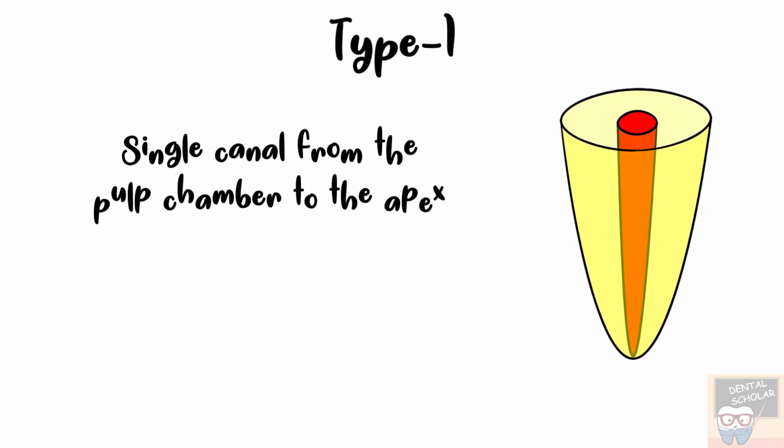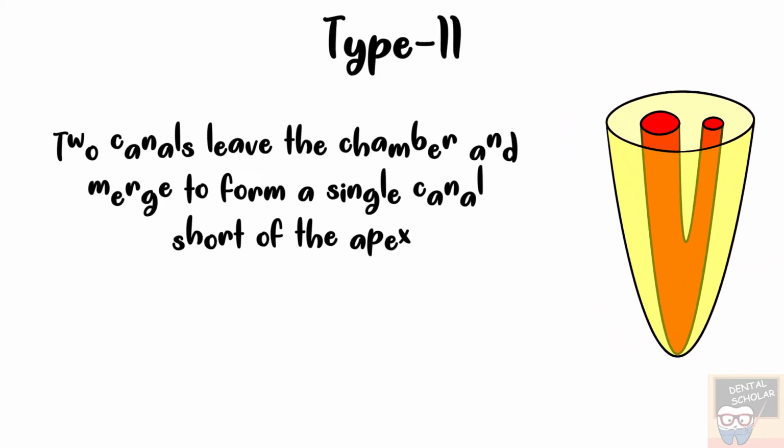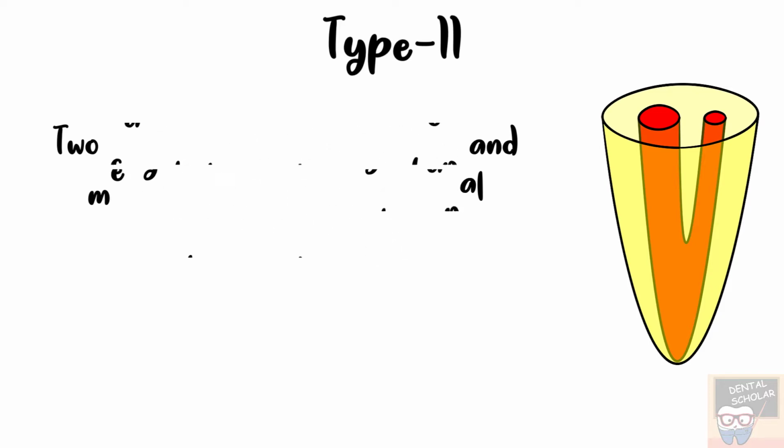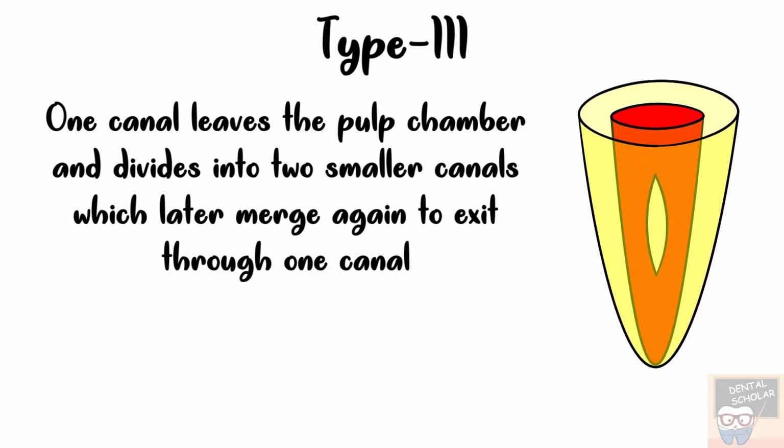In type 1, just like Wien's type 1, a single canal is seen from pulp chamber to the apex. In type 2, two separate canals leave the pulp chamber, but they merge to form a single canal short of the apex, just like Wien's type 2. In type 3, one canal leaves the pulp chamber and it divides into two smaller canals, which later merge again to exit through the apex as one canal.